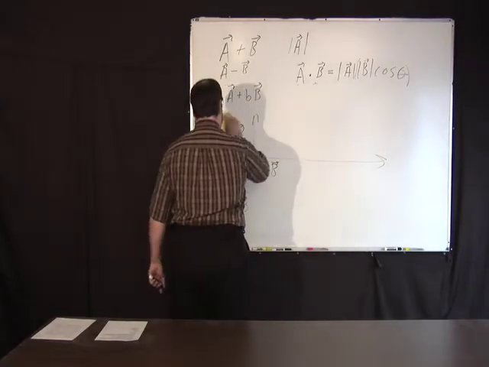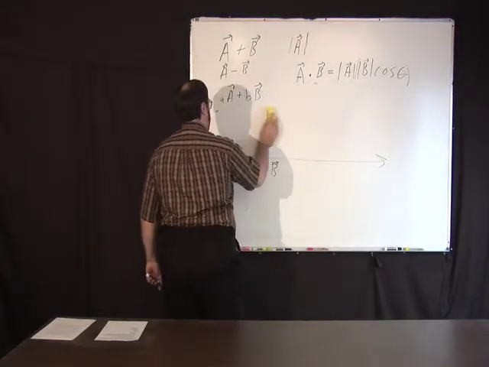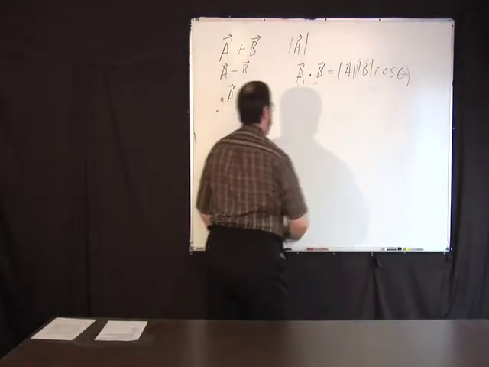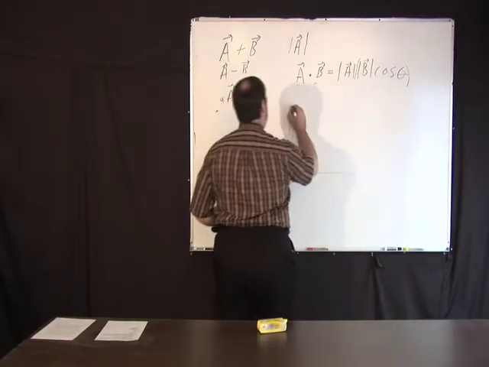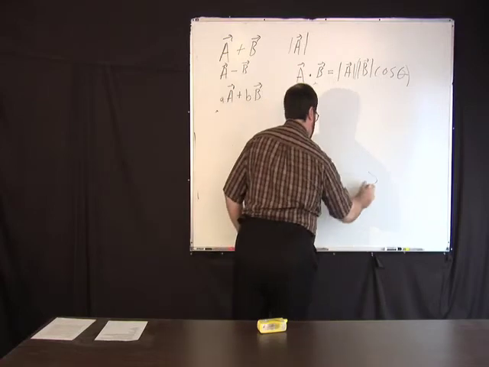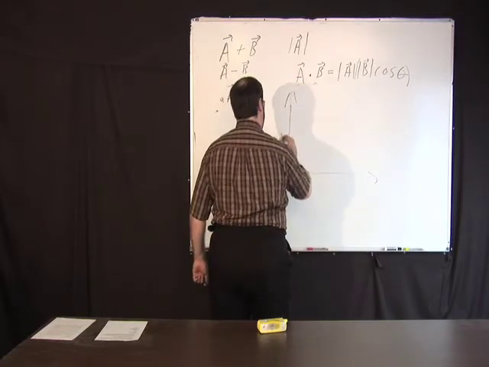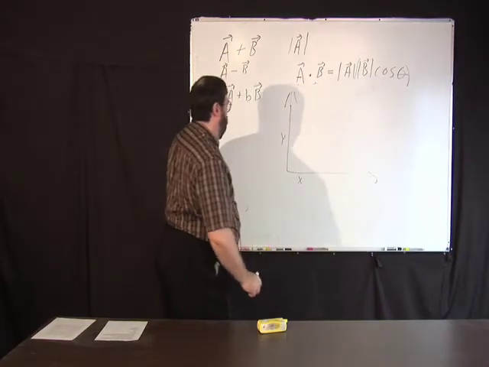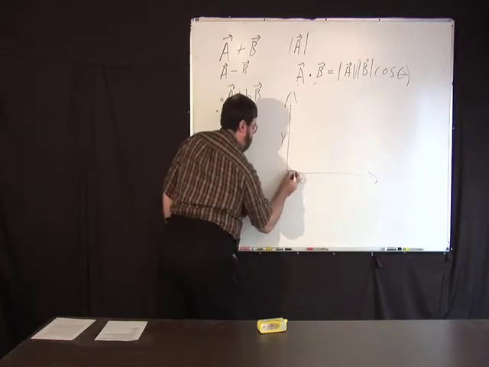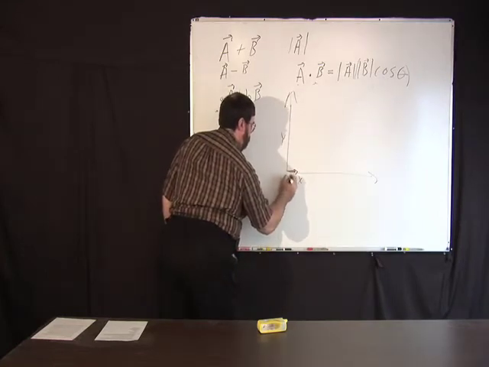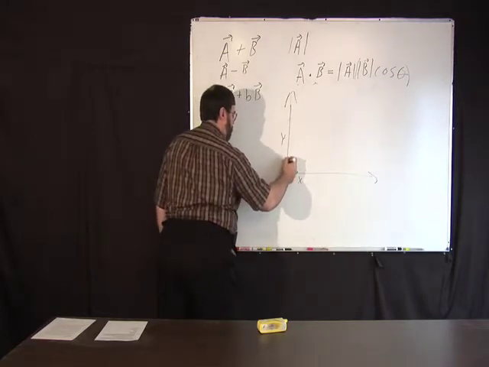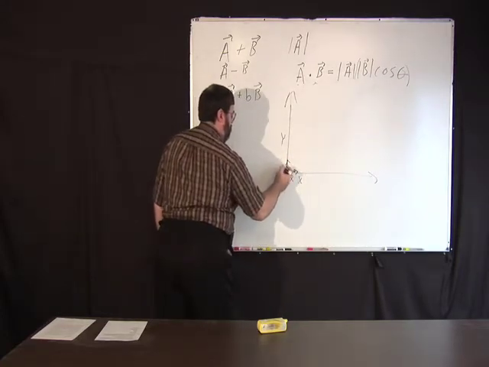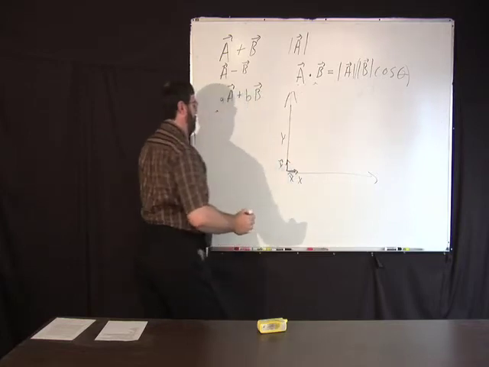You may have seen before some sort of graph, and we'll call the axes x and y. If we have a unit vector in this direction, we'll call it x hat. That's the way you sometimes see it written, with a caret over it. And we'll call this y hat.